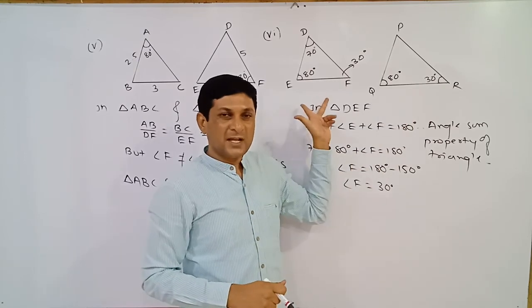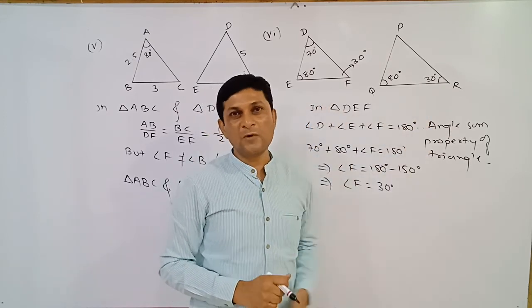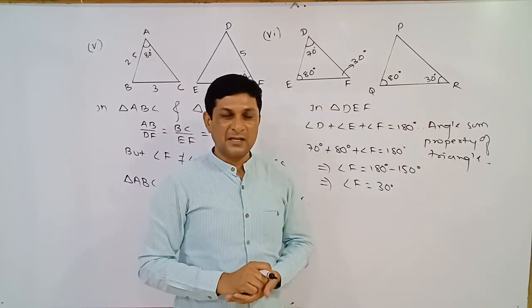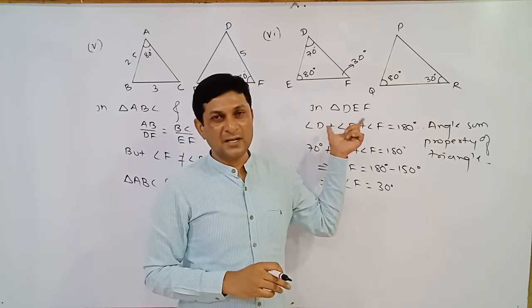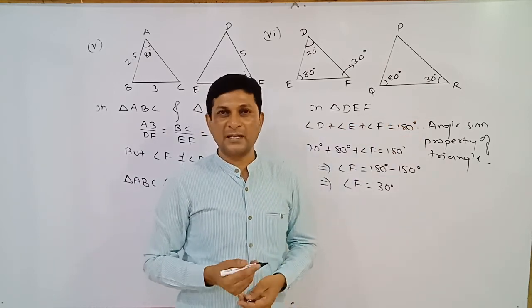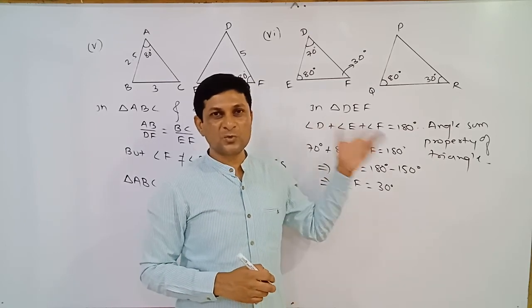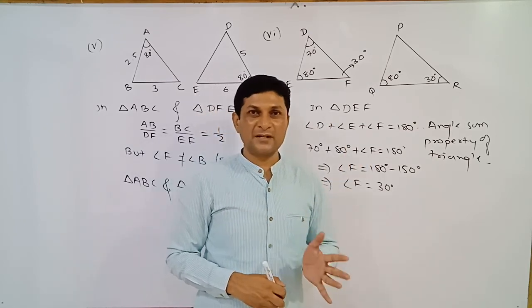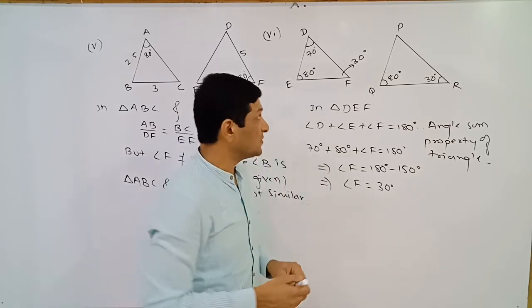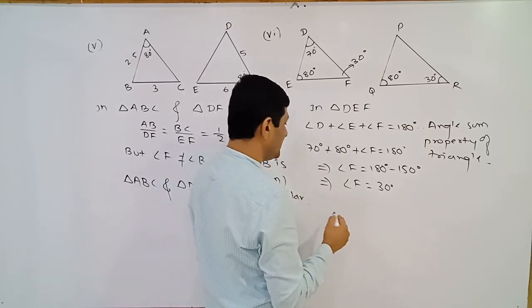R. Means two angles of the first triangle are equal to two angles of the second triangle. Then if two angles of one triangle are equal to two angles of another triangle, at that time we can say that definitely the third angle is also equal. Means these two triangles are similar by which criterion? AA criterion.